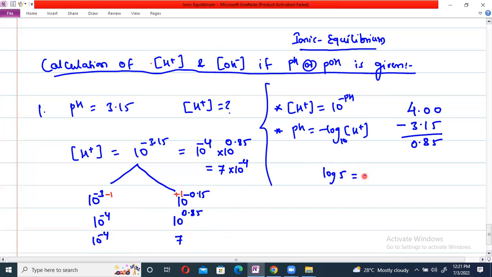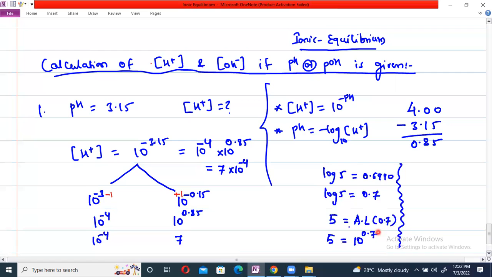Log 5 equal to 0.6990, that means log 5 equal to 0.7. But when the log goes on this side, it becomes antilog of 0.7. Antilog of 0.7 can be written as 10 to the power of 0.7. So 10 to the power of 0.7 becomes 5.